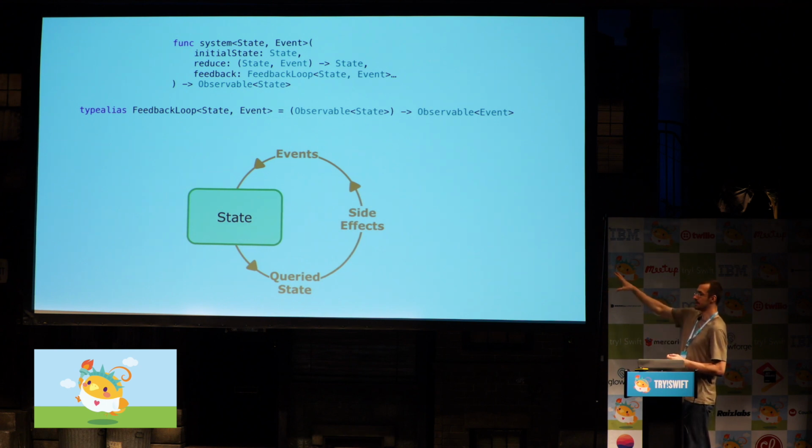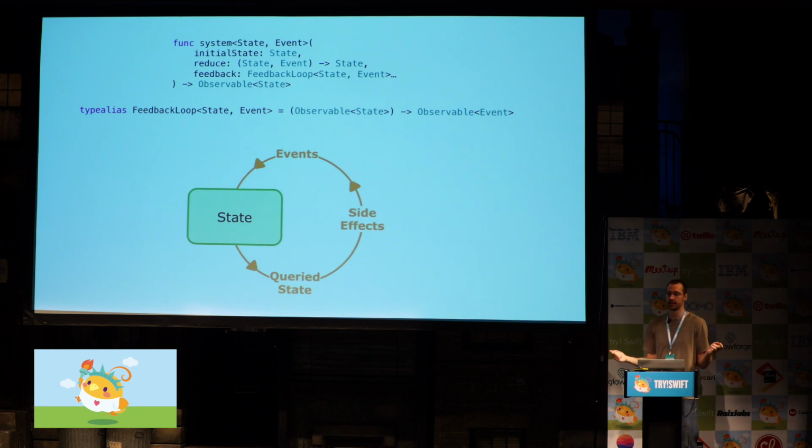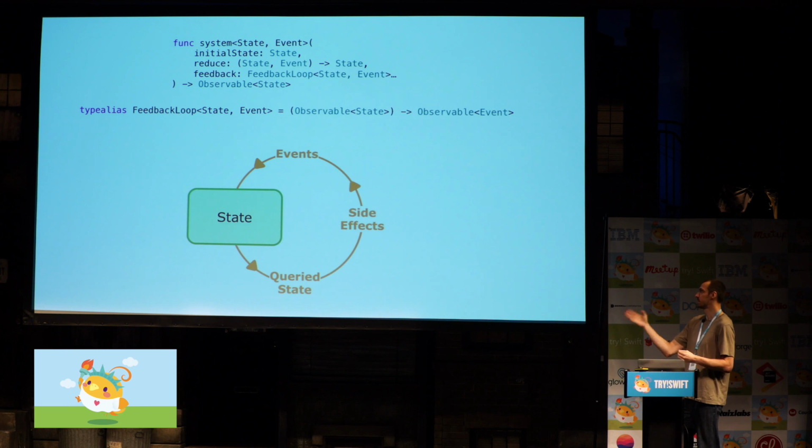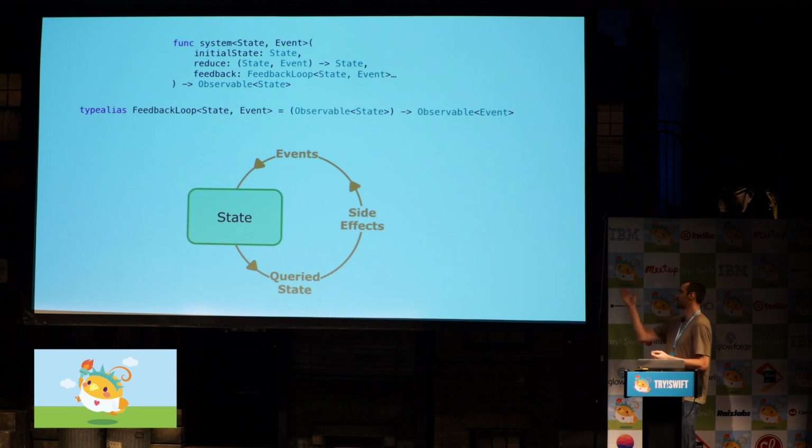For you to be able to define this programmatically, you obviously need some kind of initial state. You need to tell the system, okay, you start from this state. Then you need a reducer that combines the events and state. If you've ever used array.reduce in regular Swift, you might be familiar with the concept.